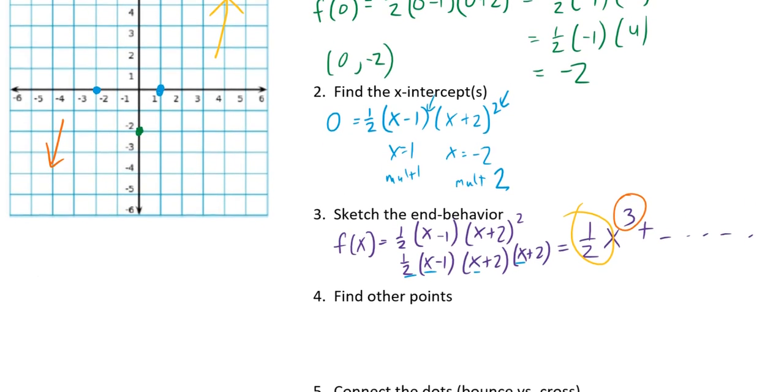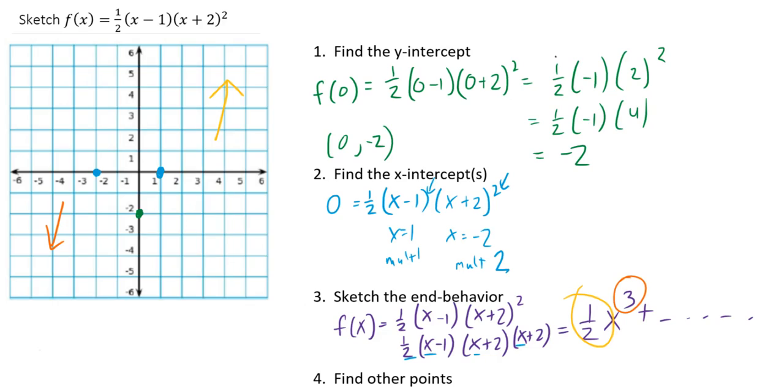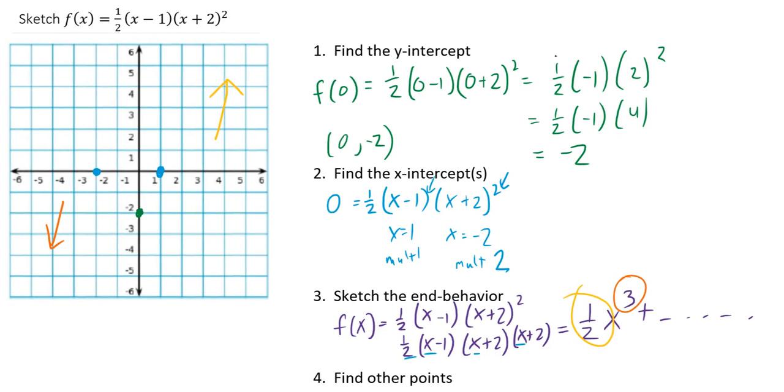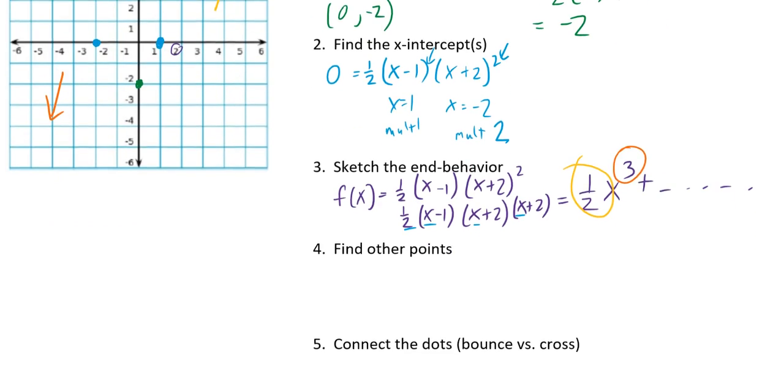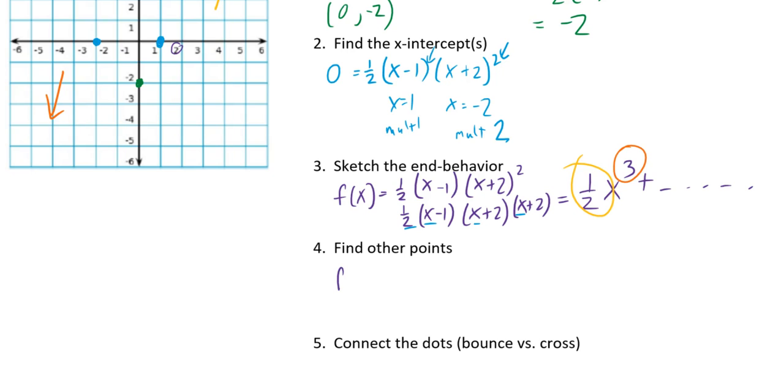If I want to find other points, I could find other points. Maybe I'll find another point just as a way of checking my own answer, making sure things are in about the right place. So maybe I know what's going on when x is negative 2 and 0 and 1. Maybe I'm wondering what happens when x is 2. So I'm going to plug 2 into the function. F of 2 is 1/2 times 2 minus 1.